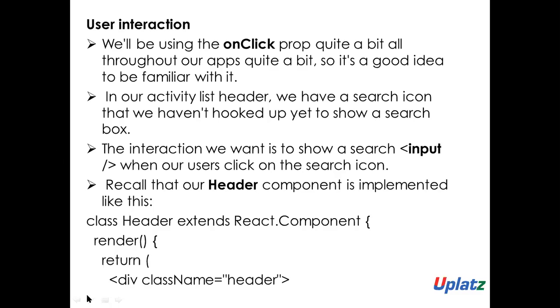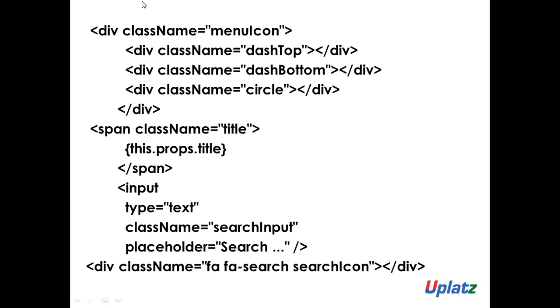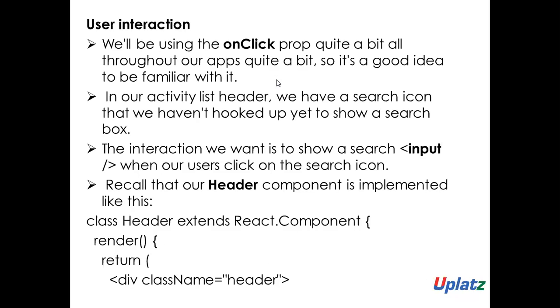You can see here, class Header extends React Component. Now I have a render and return for that particular render method: div className header. Inside that div, I have a menu icon, and I have dashboard, dash button and circle for those particular return methods.